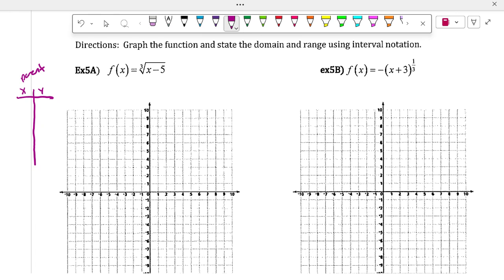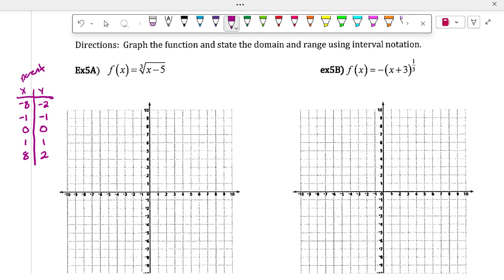Guys, it's not like it's not on your paper. 0, 1? Nope, that's square root. -4? -8, -2. -1, -1. 0, 0. 1, 1. 8, 2. It's a cube root, not a square root. Y'all were telling me square root.